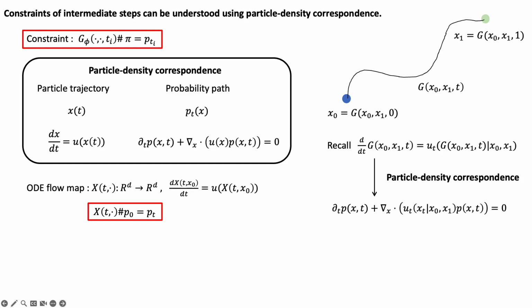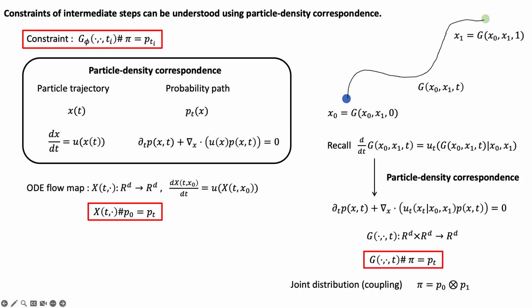And actually using this particle density correspondence, this ODE can be written as this, where the flux is the conditional vector field. And unlike this flow map, now you have two inputs, initial point and final point. So R^d times R^d goes to R^d. But anyhow, you push some density in R^d times R^d and obtain a distribution at time t.